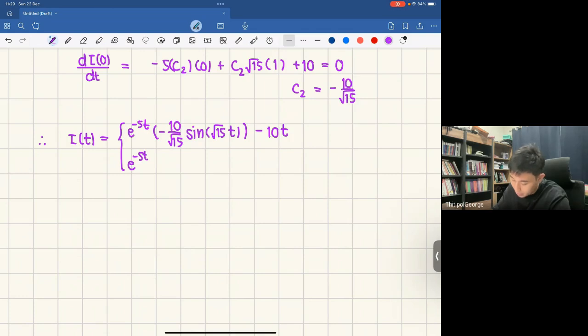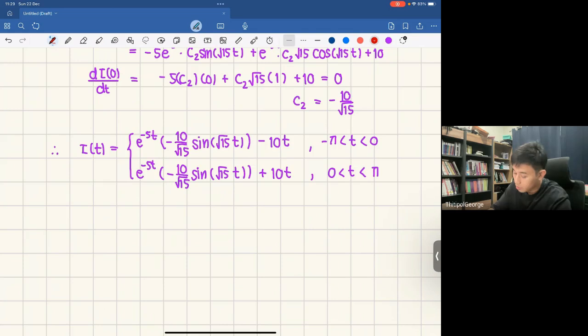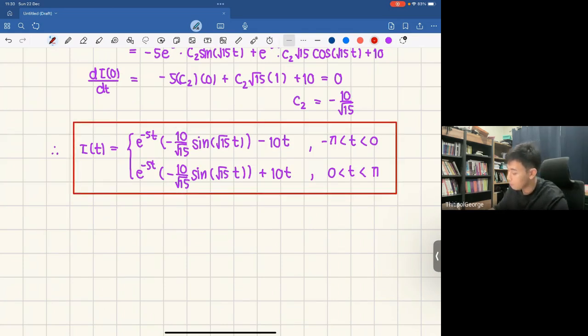And then you get a similar thing for the second one, sine of square root of 15t, but this one you add 10t, for the first time interval negative pi to 0, while the second one would be 0 to pi. And so this would be the general solution for this one.